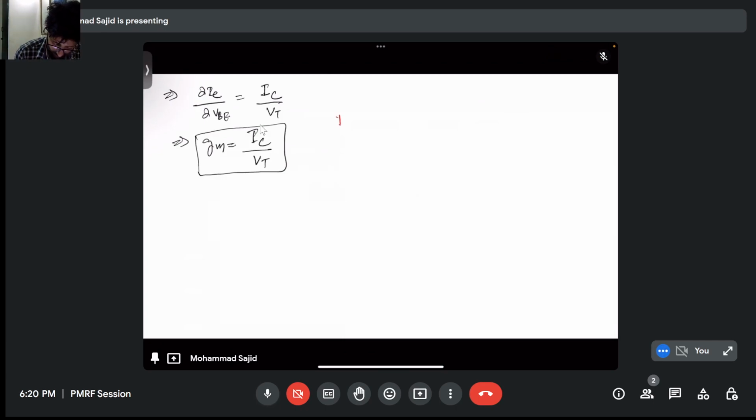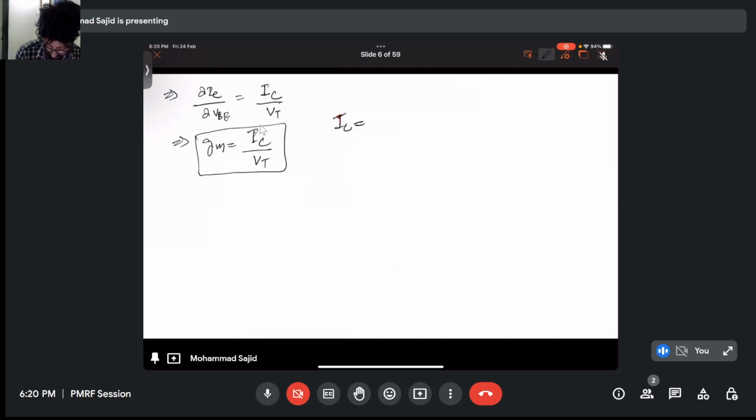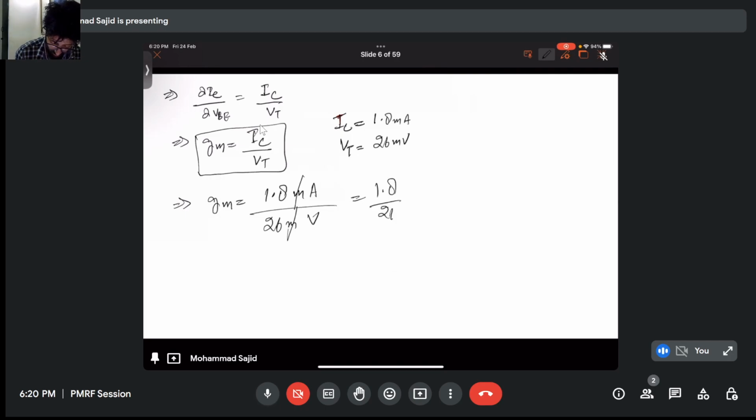So IC is given to us as 1.8 milliampere and VT is 26 millivolts. So our Gm will be equivalent to 1.8 milliampere divided by 26 millivolt. Milli cancels. This will be 1.8 by 26 ampere per volt is the unit. So this is our Gm. Let's keep it that way.